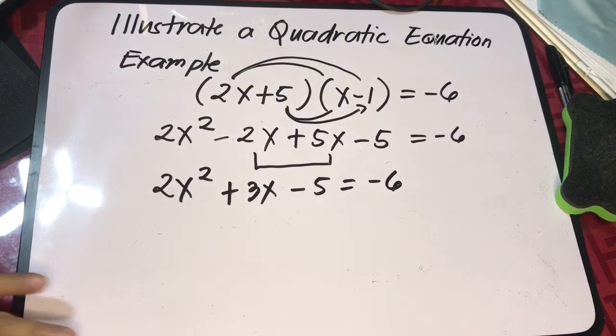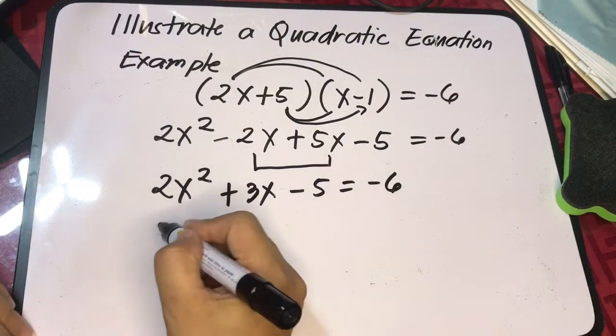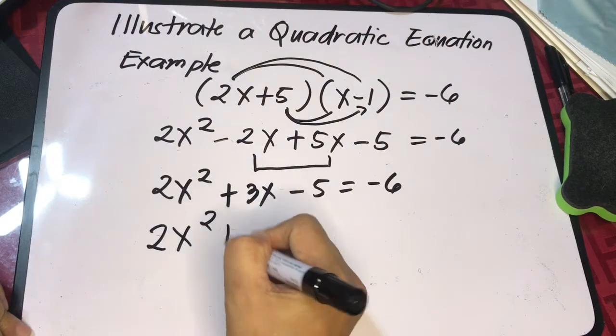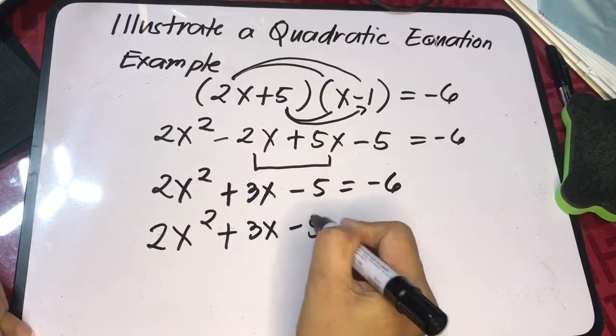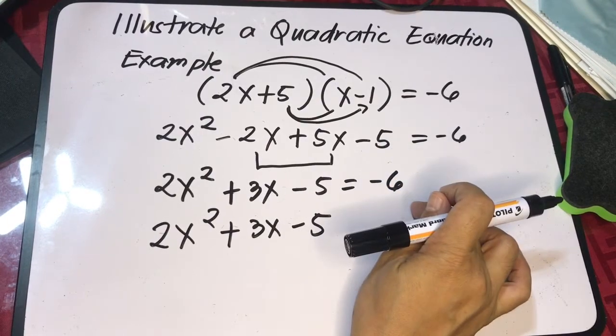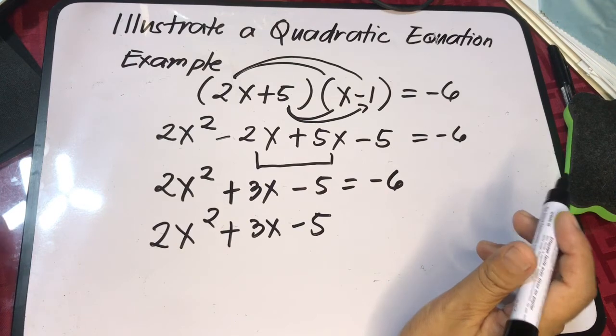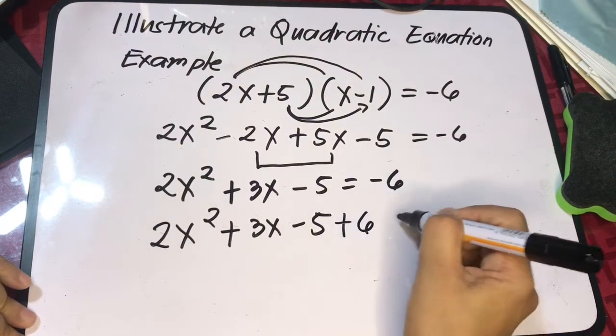Okay. And then we're going to make this equal to 0. So we have 2x squared plus 3x minus 5. We have negative 6. We have to eliminate this so that this will be equal to 0. So we're going to add 6 to both sides.